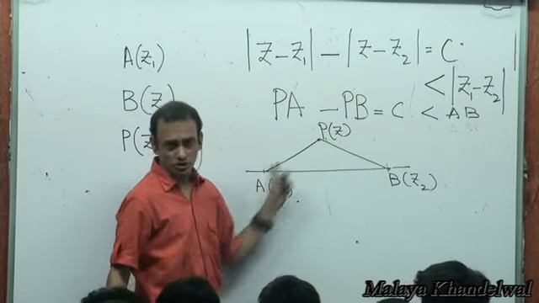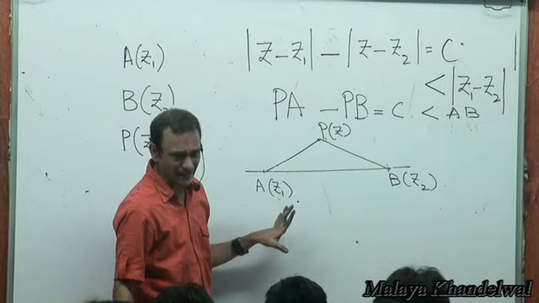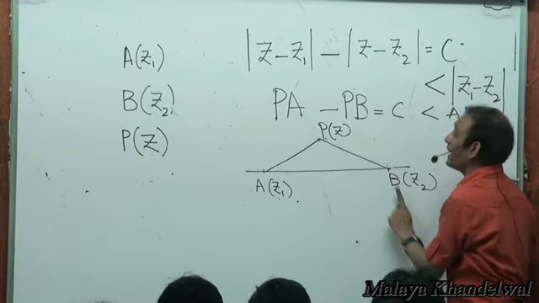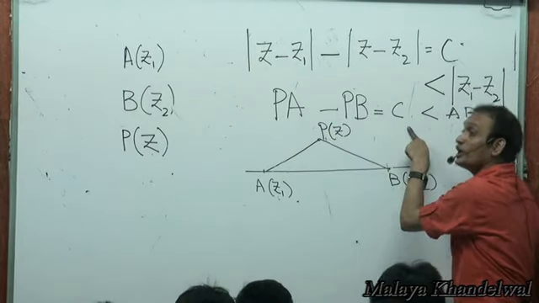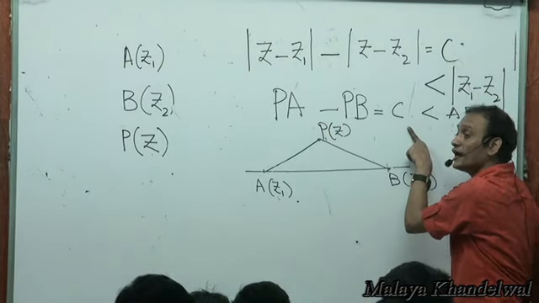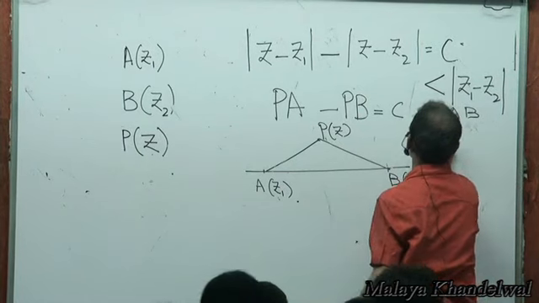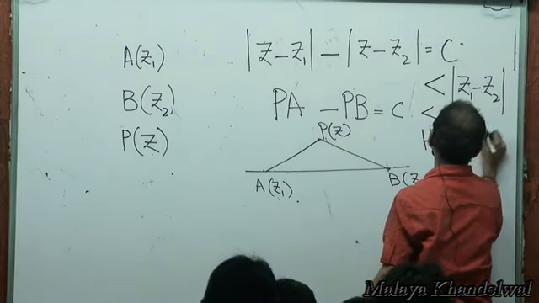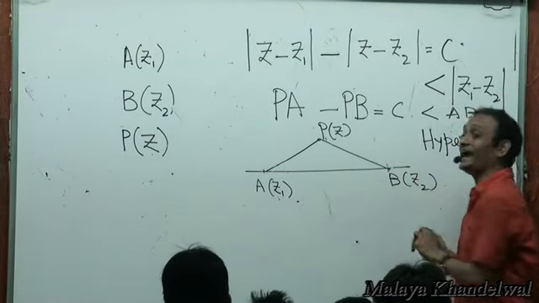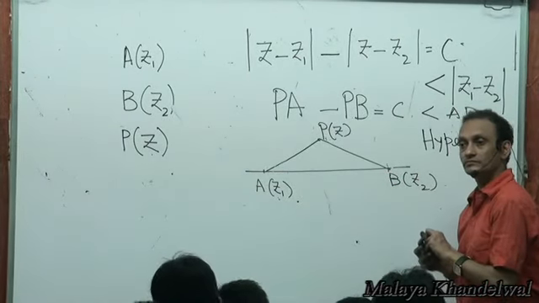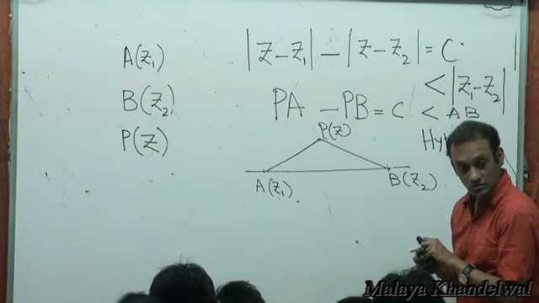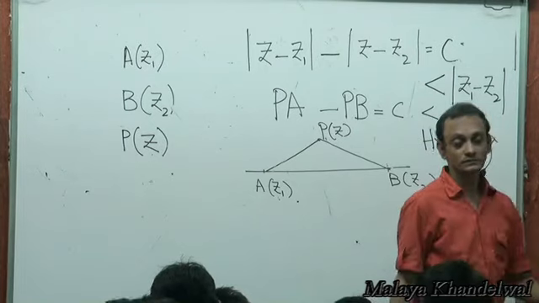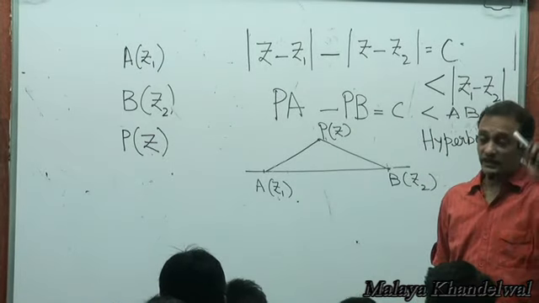In order that PAB constitutes a triangle, this constant C has to be less than AB. And then this is the definition of a hyperbola. P then describes a hyperbola whose foci would be A and B. Yes or no? In the event PA plus PB is equal to C and C is less than 0, it will be a null set.